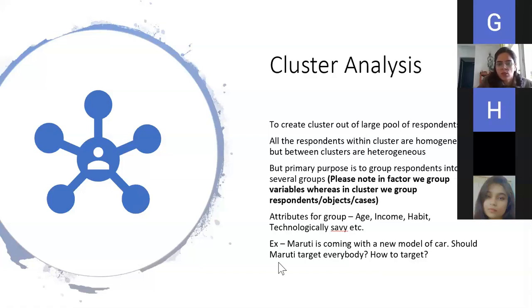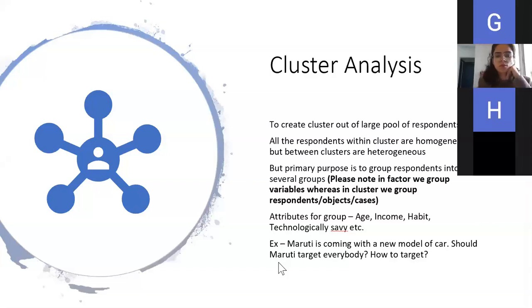So what is the difference between factor and cluster?